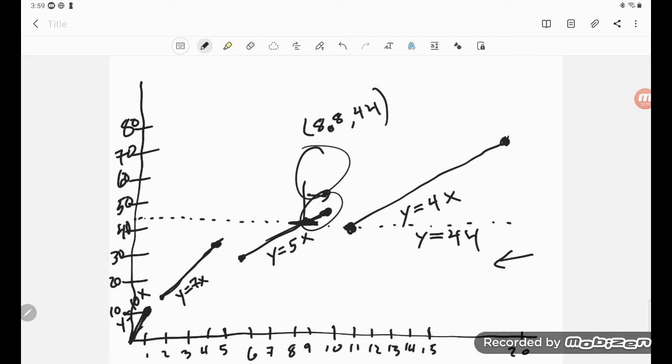Well, what that tells me is get rid of 9, get rid of 10. Because I don't want to buy 9 or 10, because if I hit 8.8 items, I can't, but if I were to hit 8.8 items, it would be $44. So I don't want to pay for 9 or 10.